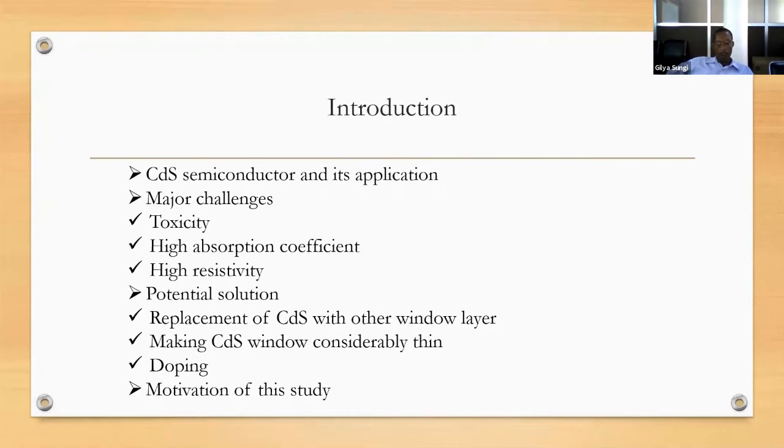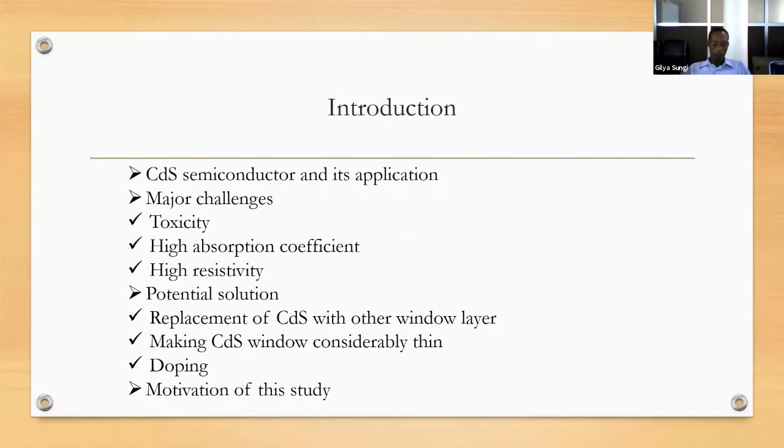Again, an alternative to that is alloying and doping of the cadmium sulfide buffer layer. To address the challenge of high resistivity, doping of cadmium sulfide with appropriate donors has been carried out, and the group 3 elements have shown an improvement in reducing the resistivity.